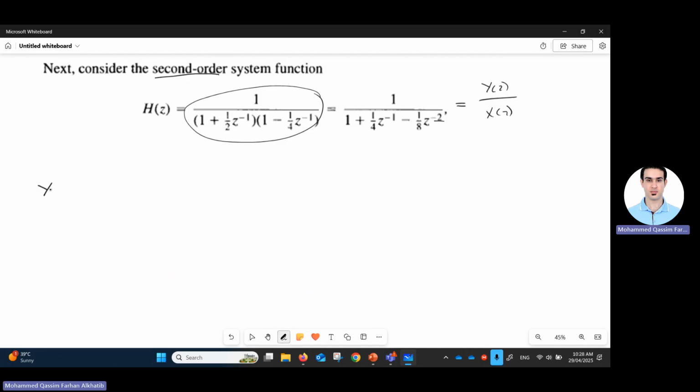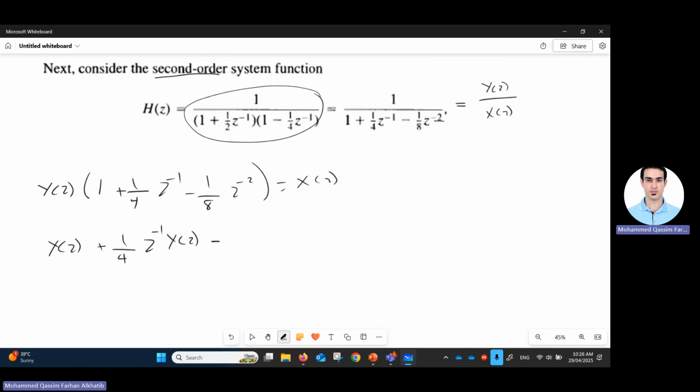So you have Y of z times 1 plus 1 over 4 z negative 1 minus 1 over 8 z negative 2, that's equal to X of z. Distribute: Y of z plus 1 over 4 z negative 1 Y of z minus 1 over 8 z negative 2 Y of z equals X of z.